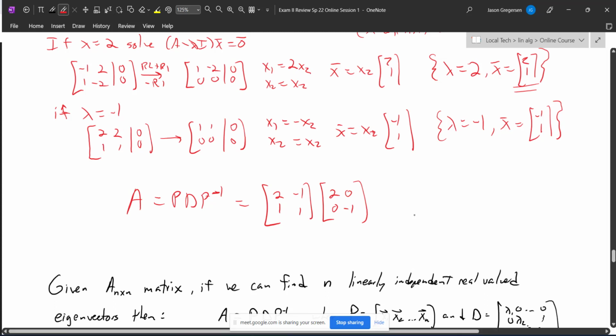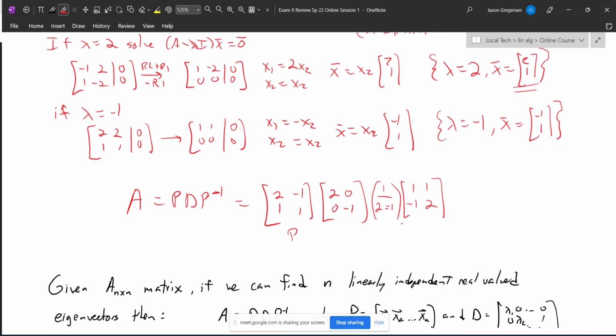And then lastly, once I know what P is, I can calculate P inverse. In this case, it would be 1 over 2 minus -1 times the matrix I get when I switch the values on the main diagonal and change the signs on the off diagonal. And so this would be my factorization of A into PDP inverse. Any questions on the matrix factorization?